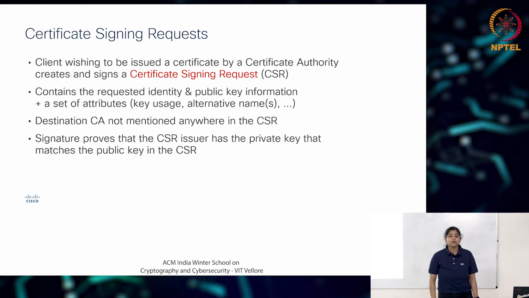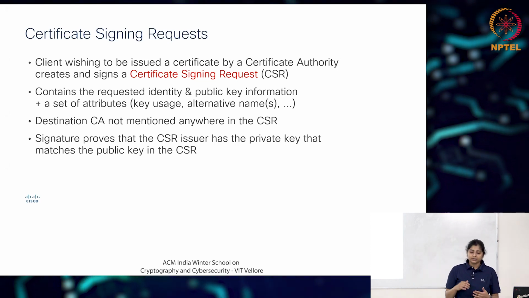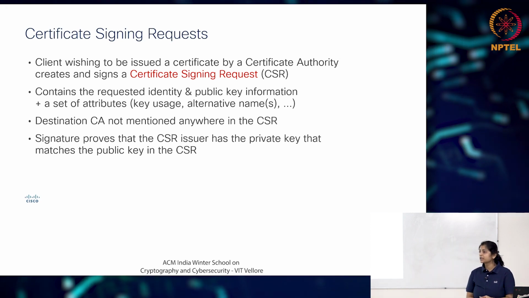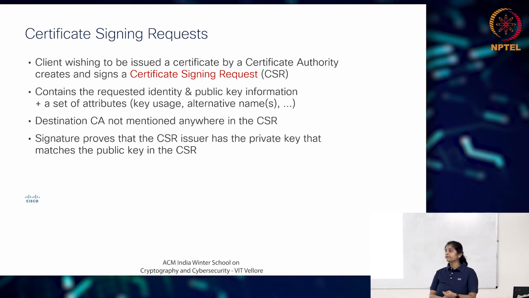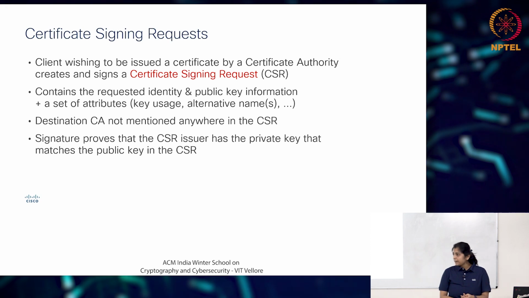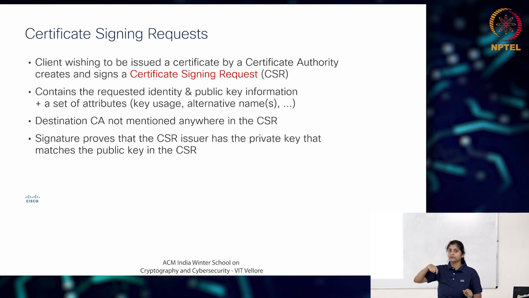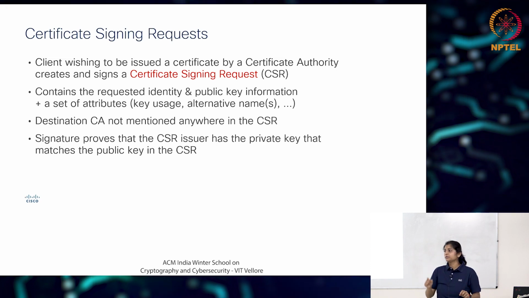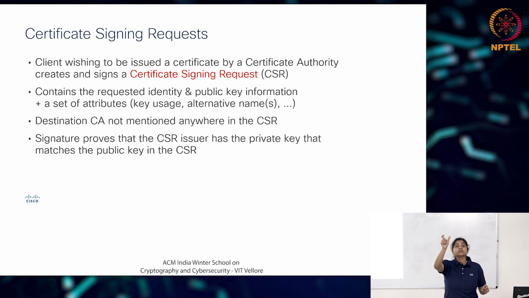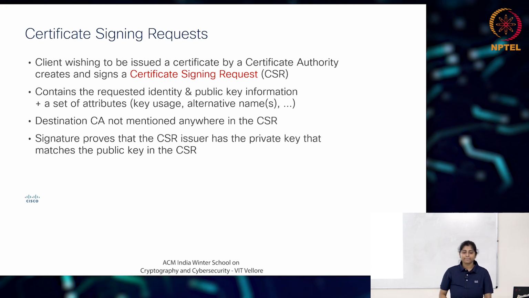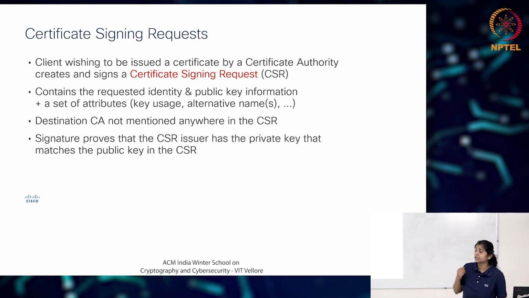In the CSR, what are we doing? It contains the requested identity, basically your subject name, or if you have a fully qualified domain name, okay, vit.cisco.com, if you want to use this. That will be your subject name. This is the name for which the certificate will be issued by the CA. Okay. And then the key usage.